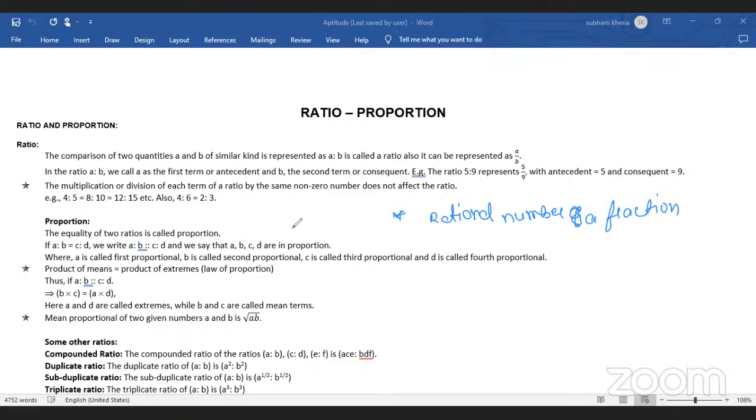Anyone? A fraction is also a form of P by Q. A rational number is also the form of P by Q. What's the difference? There must be some difference, or are they the same? Are rational numbers and fractions the same? Tell me, think.